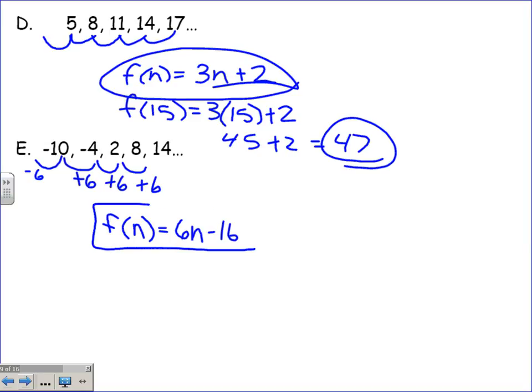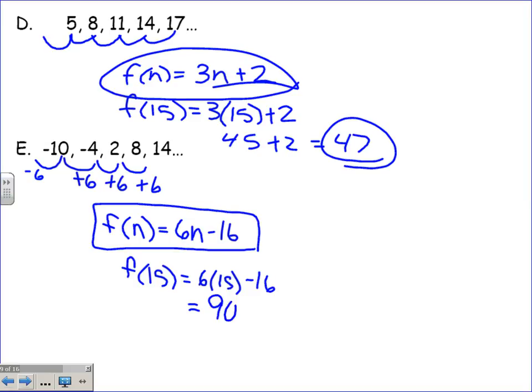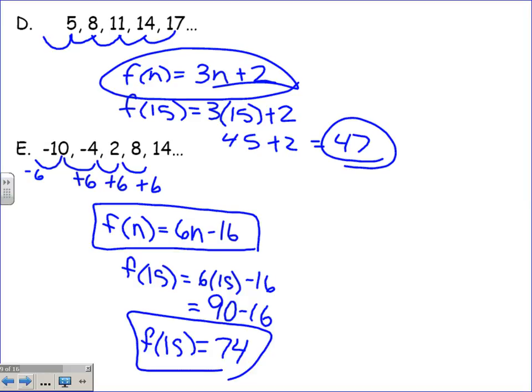That sounds good. And when you calculated this, you said f of 15 equals this. Did you figure out the final answer here? It's kind of a big number, isn't it? I think that's 90 minus 16, which is 74. Yes, it is. So f of 15 equals 74, just like so.